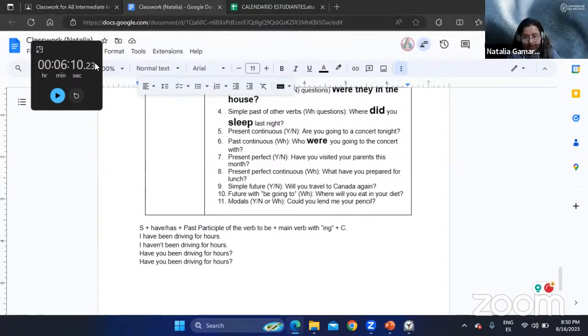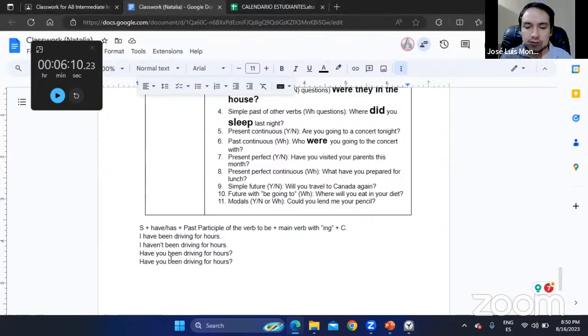What have you been driving for hours? But if you ask what, right, what have you been, that's going to be a different question. You can keep it like that. You can say, what have you been driving for hours? Or if you want to omit this, remember, you cannot omit the verb because this is what makes this continuous.